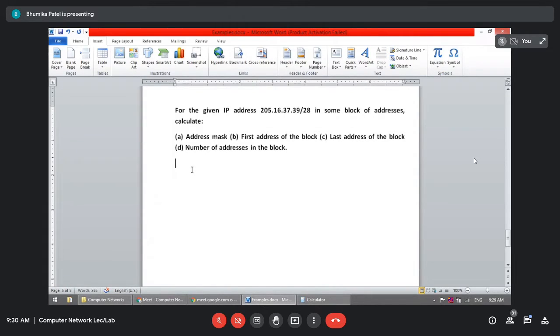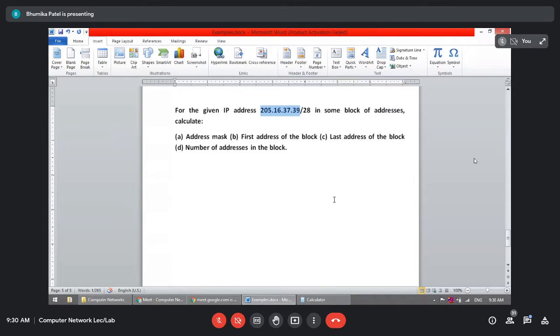For the given IP address 205.16.37.39/28 in some block of addresses, calculate the address mask, then the first address of the block, the last address of the block, and the number of addresses in the block. Now here in the question we are given just one IP address, 205.16.37.39/28.